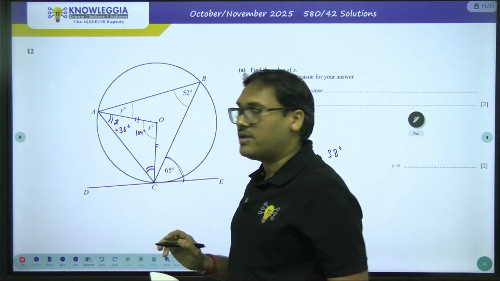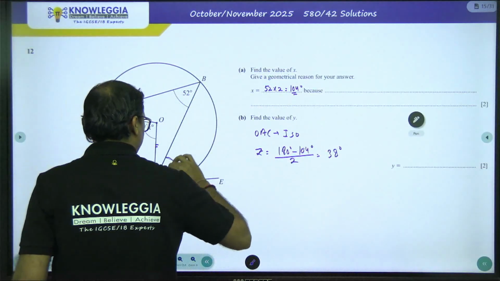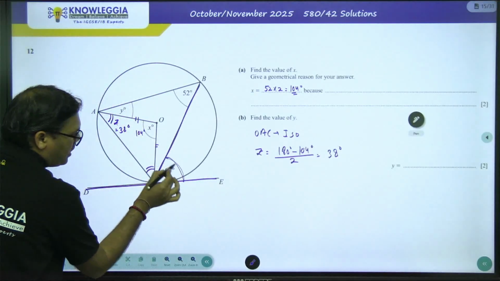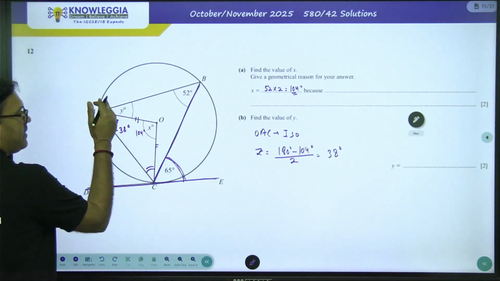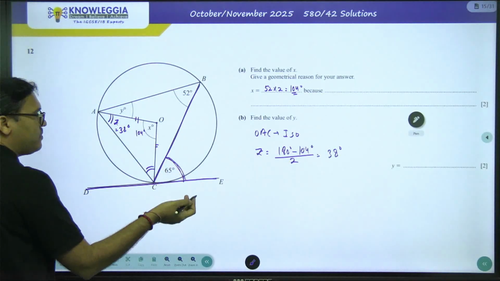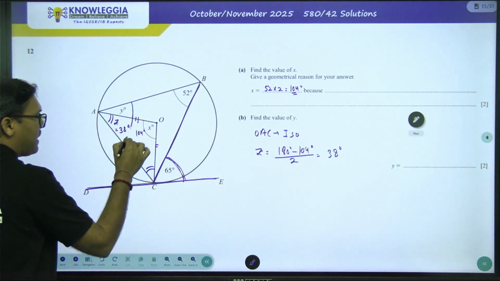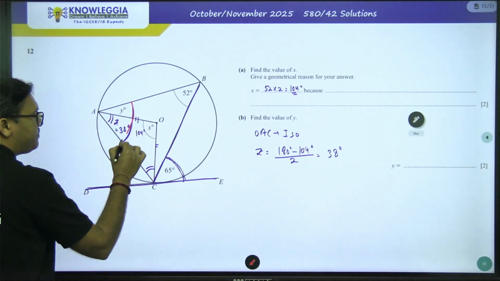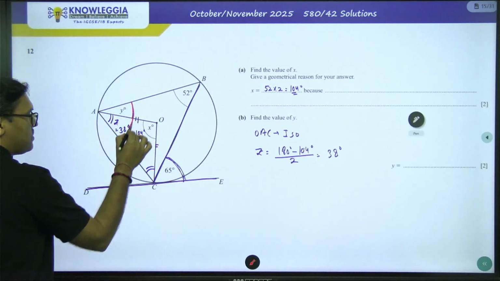Alternate segment theorem. You see, this is the chord. This is the tangent, and tangent and chord are making 65. So in the alternate segment, the angle will also be 65. That means this total angle, I'm talking about this total angle, is 65. This is also 65.